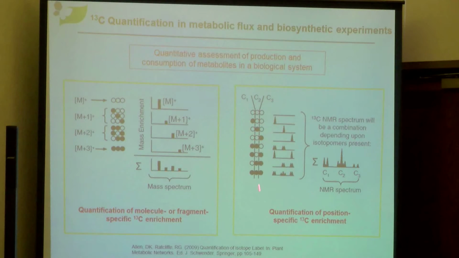With NMR, the quantification of position-specific carbon-13 enrichment is possible, and method development in this area is in progress at the moment quite rapidly, and there are really interesting approaches to quantify individual carbon-13 enrichments in complex molecules and even in complex mixtures.